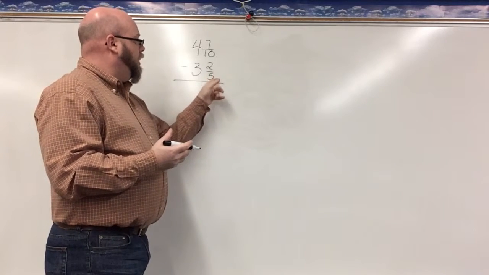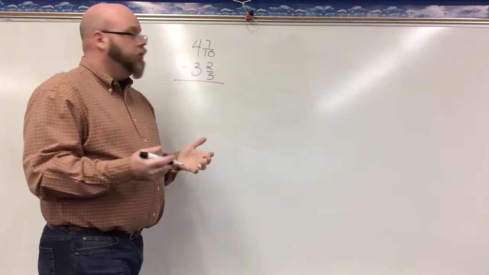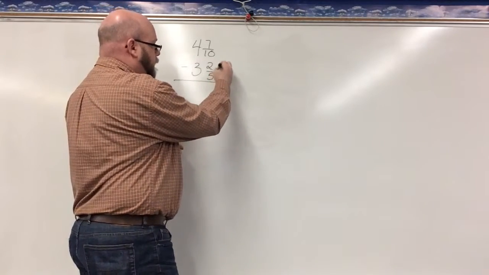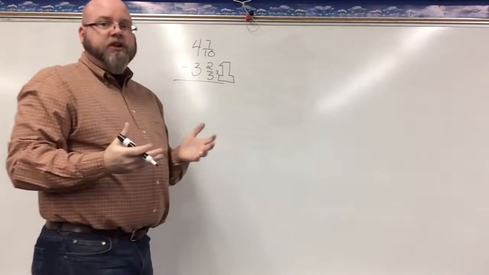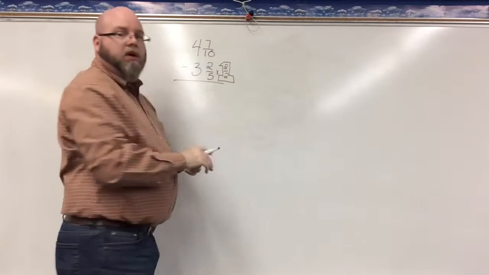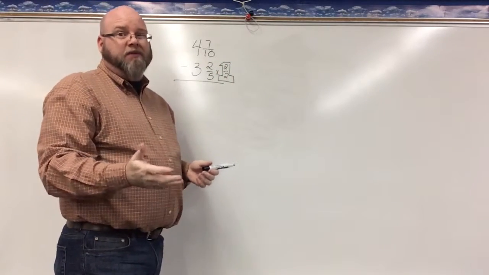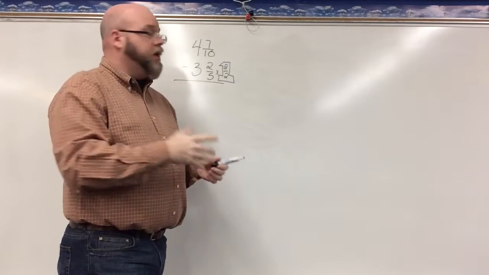So I have to figure out how do I rename 2/5? Well, I'm going to multiply it by a fraction equal to 1, 2 over 2. Why 2 over 2? Well, when I counted by 5s, 5, 10, it took me 5 times 2 gives me 10.